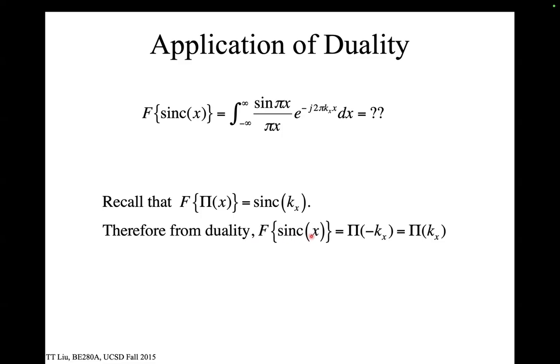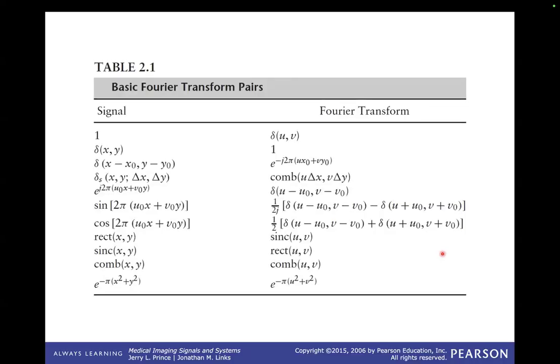Therefore, the Fourier transform of the sinc function is the rect function flipped around the origin. However, the rect function itself is symmetric, therefore it's just the rect function, because those two are equal.